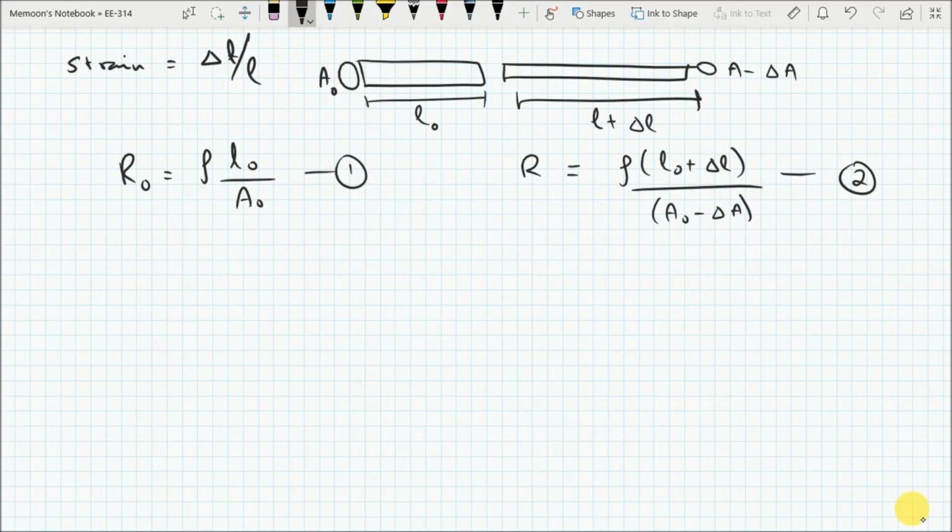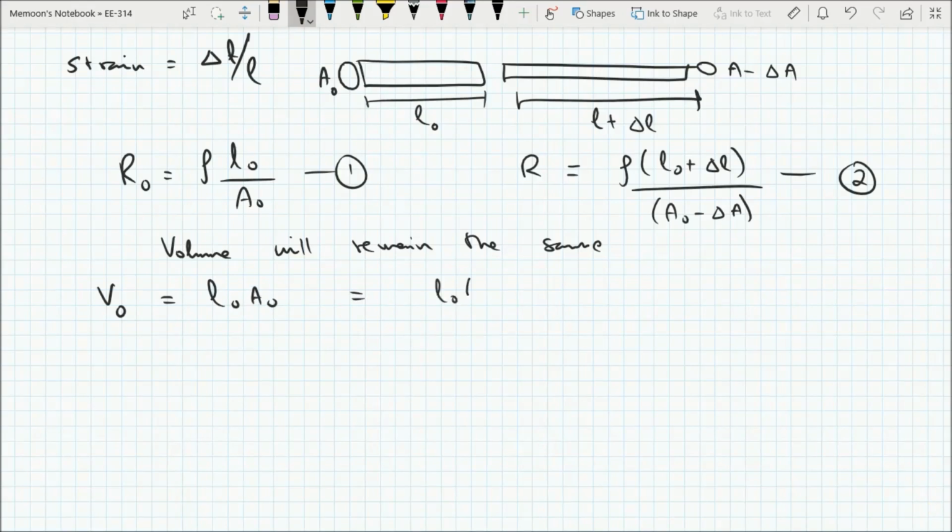We all know that your volume will remain the same before and after elongation. So your volume before elongation was V₀ = L₀A₀, and your volume after elongation was (L₀ + ΔL)(A₀ − ΔA), and these are equal.